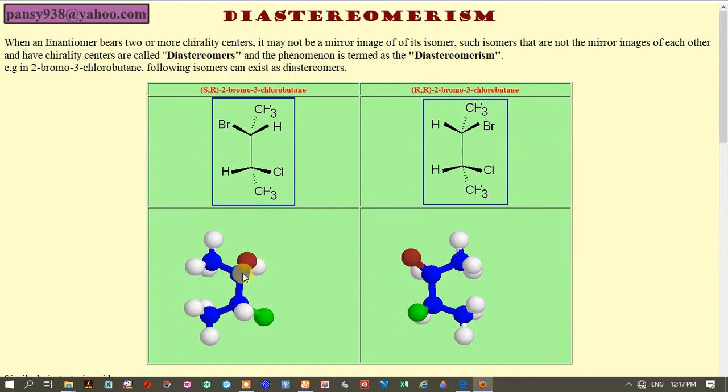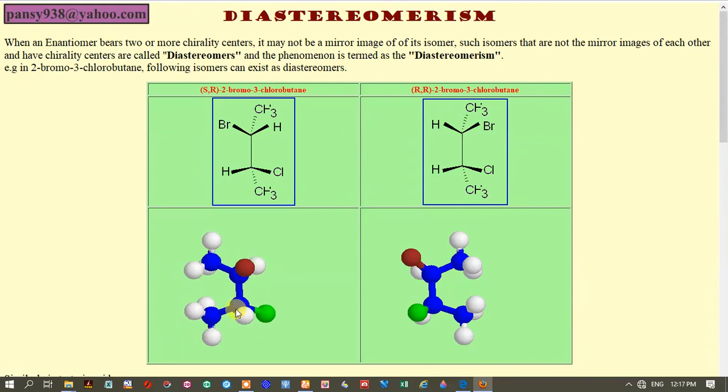And you notice that its optical isomer is not the mirror image of this one, although the upper part of the molecule is the mirror image, in the case of the lower part, this is not the mirror image of the compound.